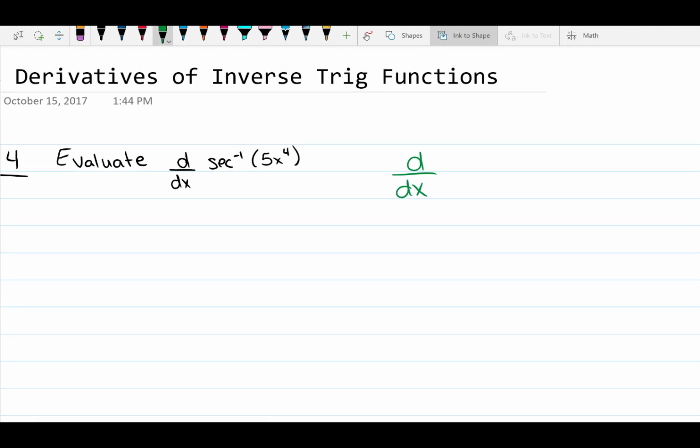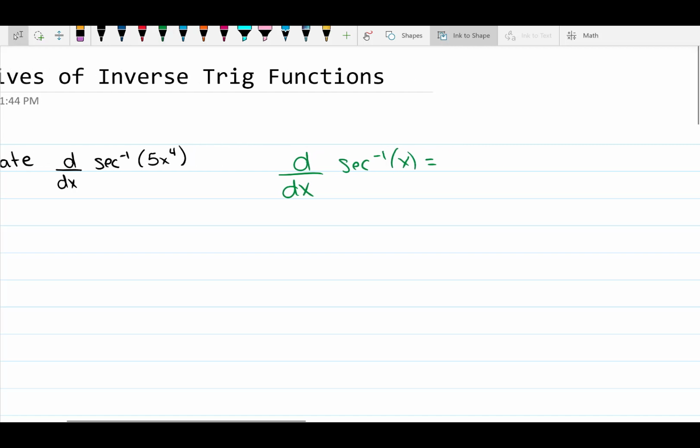So the derivative of secant inverse of x is equal to 1 divided by the absolute value of x times the square root of x squared minus 1 times the derivative of x.